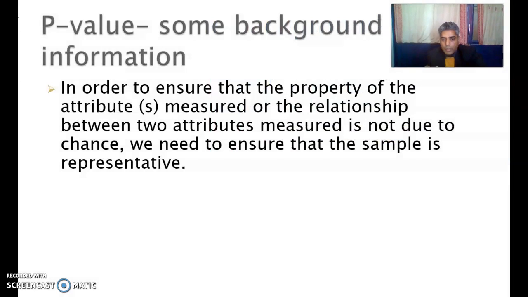Let's have another look at it. In order to ensure that the property of the attributes measured, or the relationship between two attributes measured, is not due to chance, we need to ensure that the sample is representative.